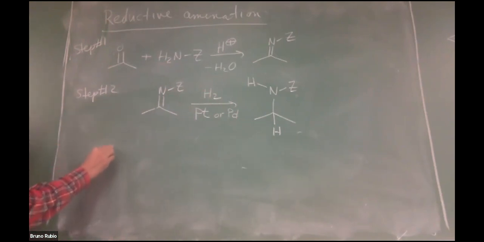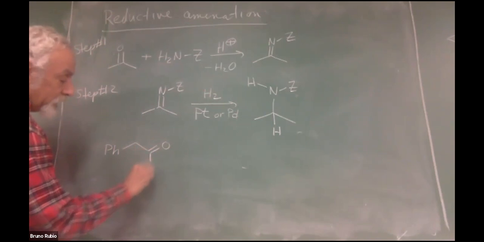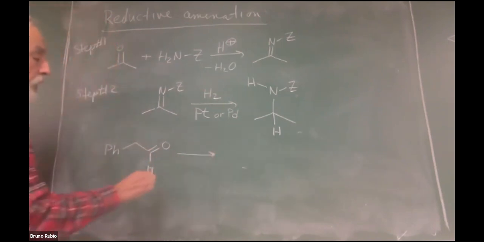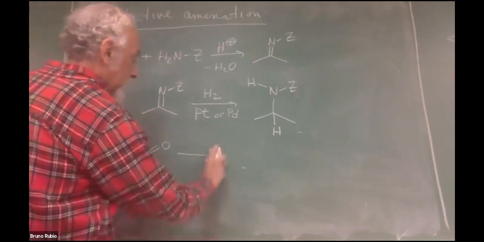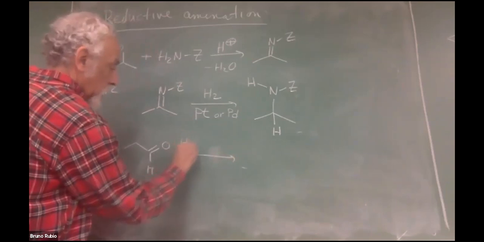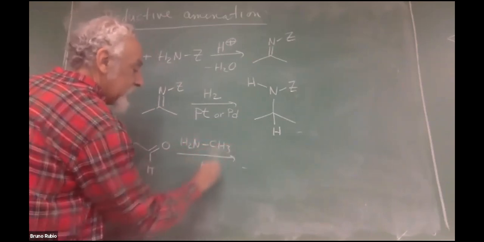Okay, so let's leave this up here and let's try some product prediction about reductive amination. Let's say we start with this aldehyde, and then in step 1, react that with methylamine and acid.